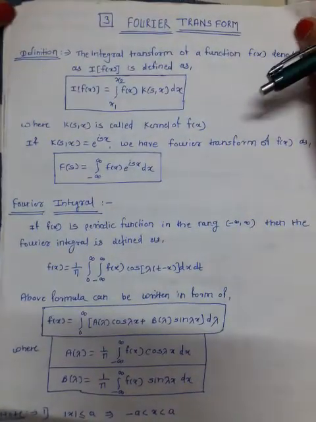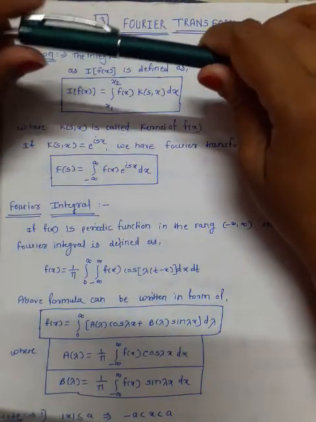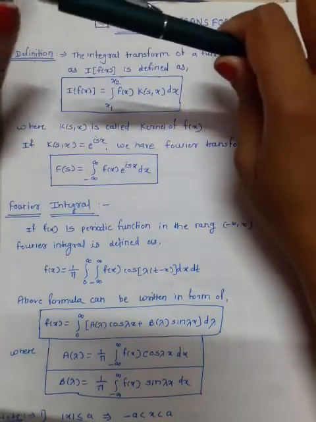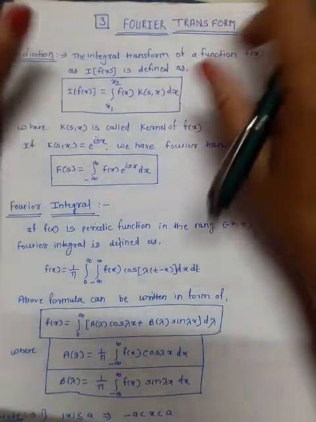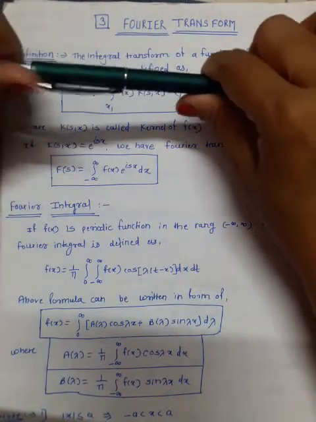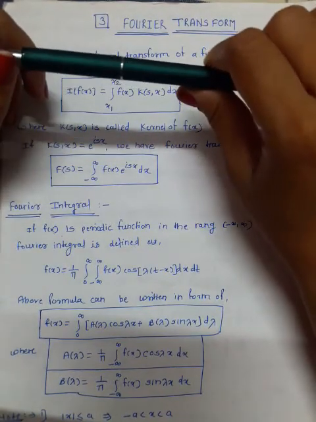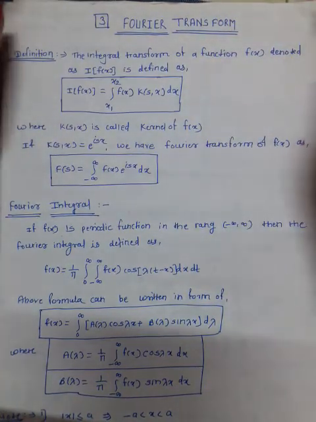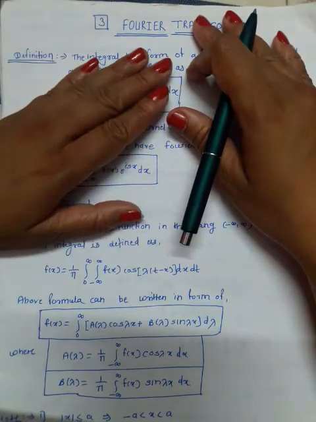Our next chapter is Fourier transform, like Laplace transform and inverse Laplace transform. See, in M3 there are a total of 6 chapters. Out of 6 chapters, these two that we have just completed are the biggest chapters. That's why we spent more time on them: Laplace and inverse Laplace. The rest of the 4 chapters are very easy and very short in length.